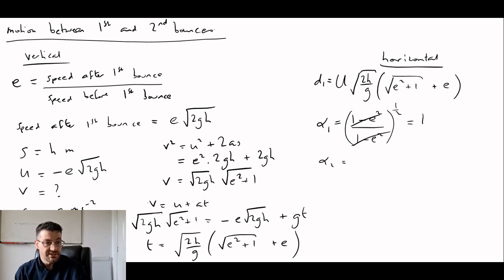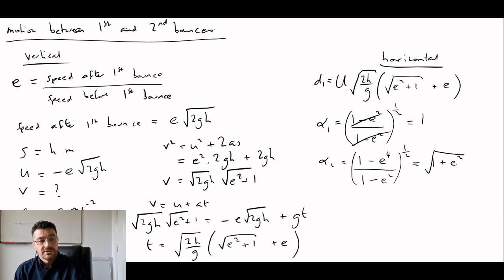Alpha 2 is equal to 1 minus e to the 4th over 1 minus e squared to the half. Now 1 minus e to the 4th is 1 plus e squared times 1 minus e squared, and so therefore we end up with 1 plus e squared to the power of a half, or in other words, the square root of 1 plus e squared.